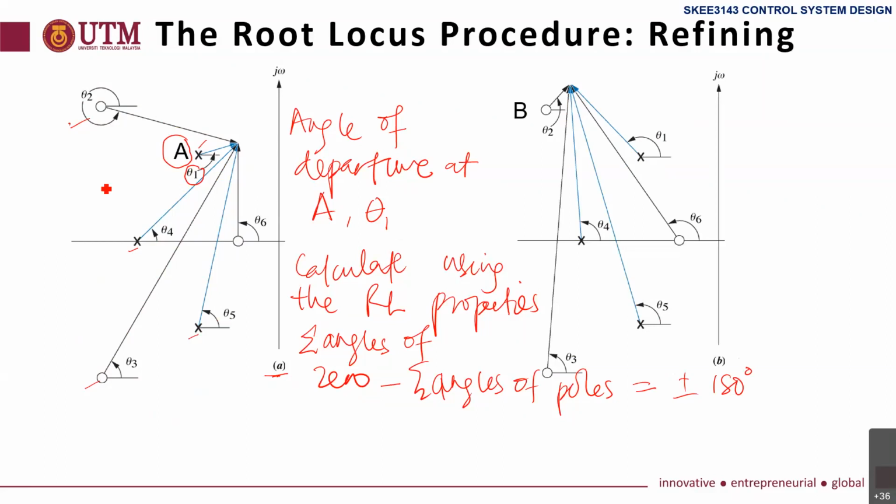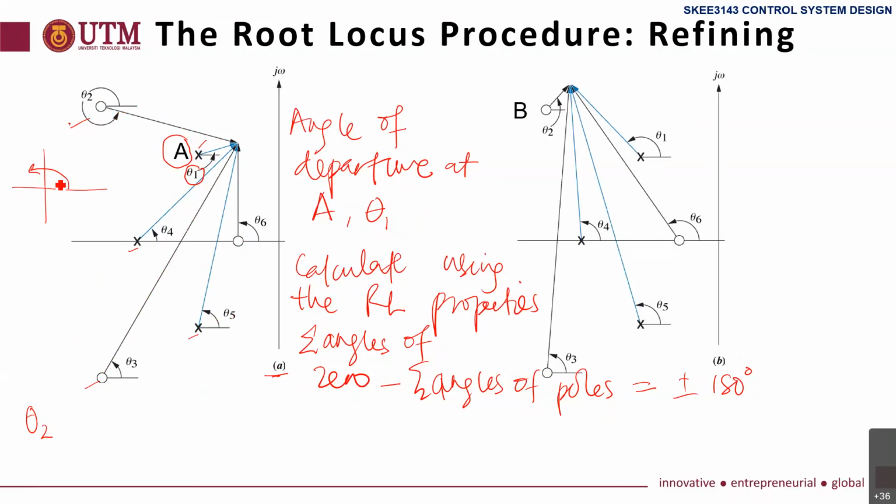So from here, for this figure A, theta 2 is the angle for the zero. Remember, angle is always calculated from 0 degrees. 0 degrees is the positive x. This is 0 degrees.